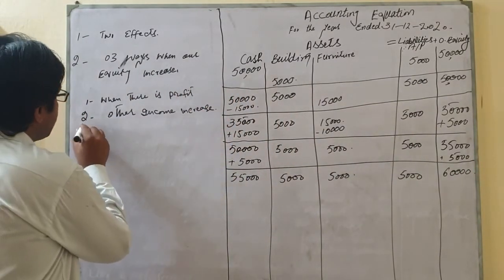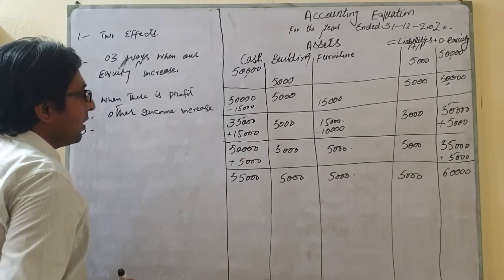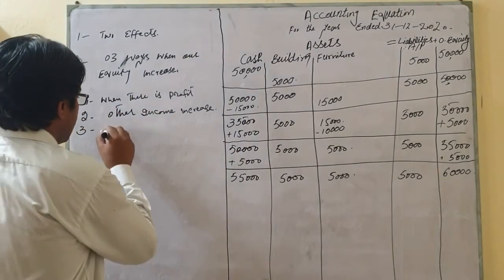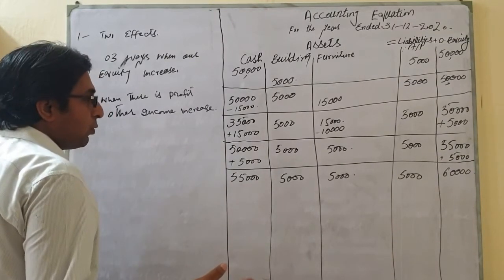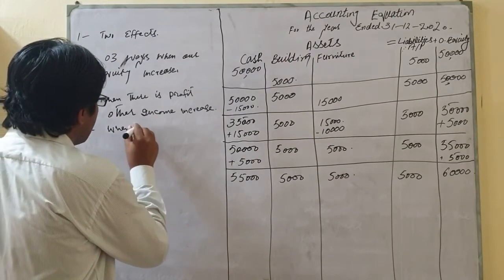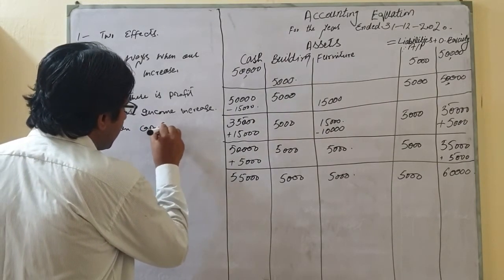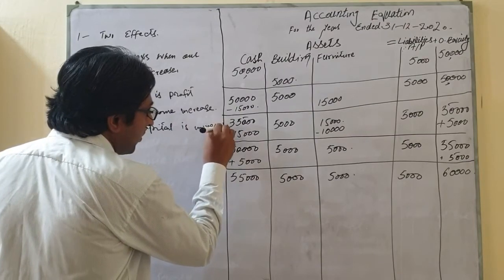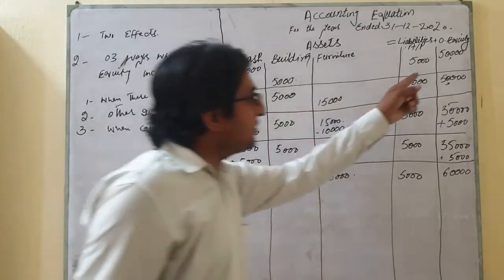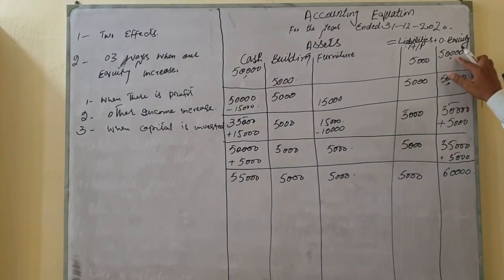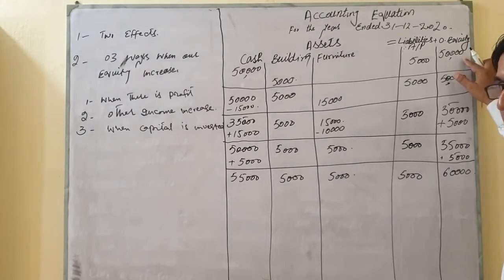And third situation, when our owner equity increases. In third situation, when capital is invested. In the first situation, when owner has invested 50,000 in business, our owner equity has been increased with 50,000.